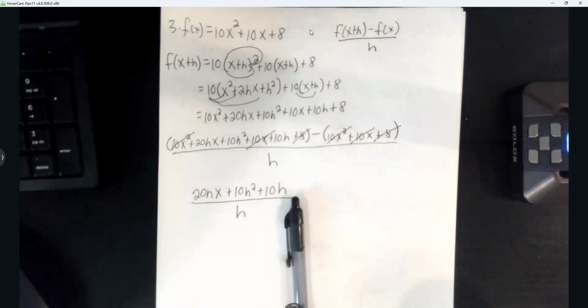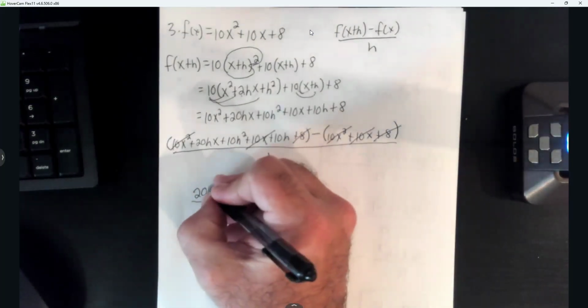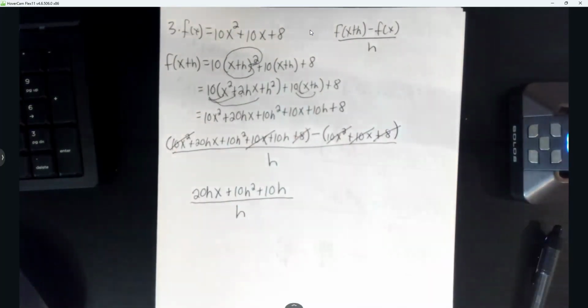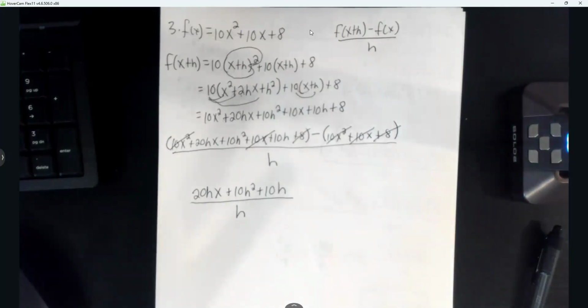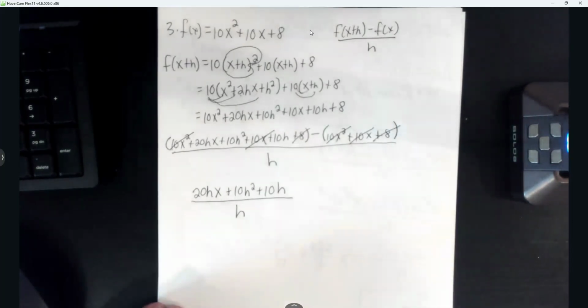Simplify that and tell me what my final answer would be. So you got a 20hx plus a 10h squared plus 10h all divided by that h. That way I can see if y'all are sort of getting y'all simplifying done.